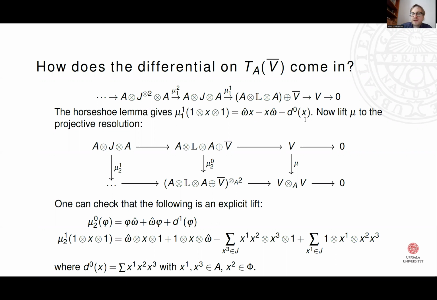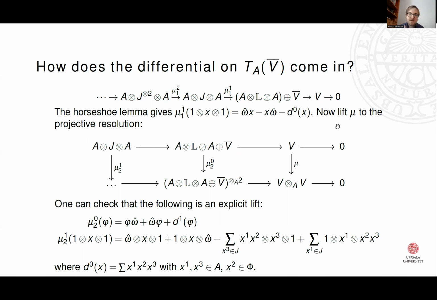Here d0 of x is actually an element of V bar, so this definition makes sense. You can use the proof of the horseshoe lemma and explicit calculation to see that this is a possible definition of this mu1.